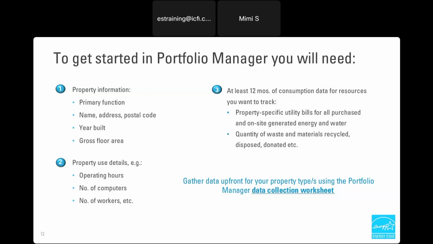But the most handy one at this stage is the data collection wizard that will create a PDF or a Word document with all of the necessary information for your property type that you wish to enter into the tool. And so the goal of this is you can fill out this wizard, we'll create the PDF for you, and then you'll have all the information in one place as you sit down to create this record in Portfolio Manager. So I'm going to link this for you in the chat here.